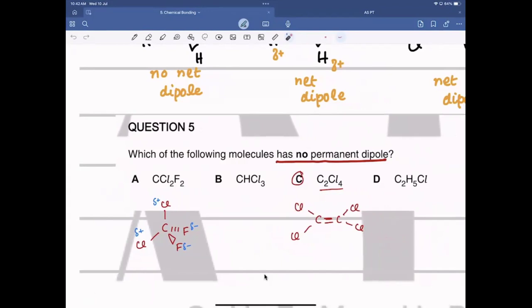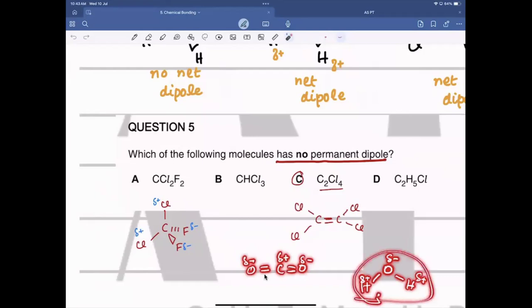For example, the most common examples to understand are carbon dioxide and water, H2O. In CO2 the dipoles are getting cancelled because the shape is linear, right? But in H2O the dipoles are not cancelled because the shape is bent, due to which it becomes polar and has a net dipole, while CO2 is non-polar and has no net dipole.